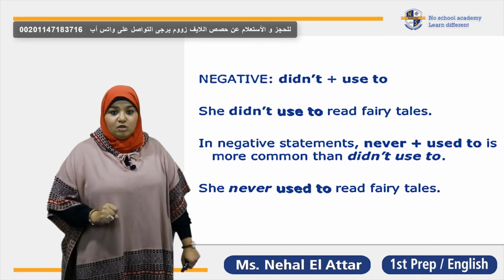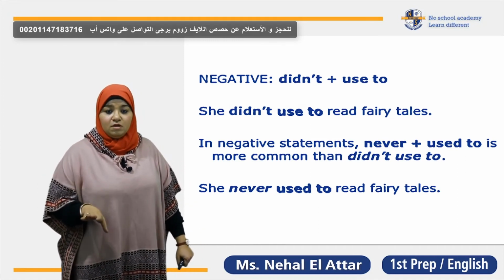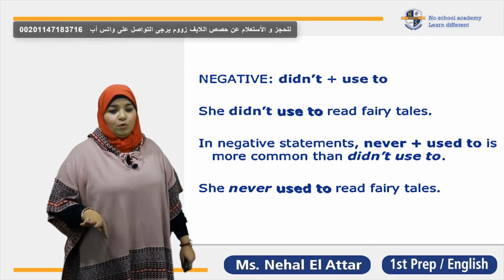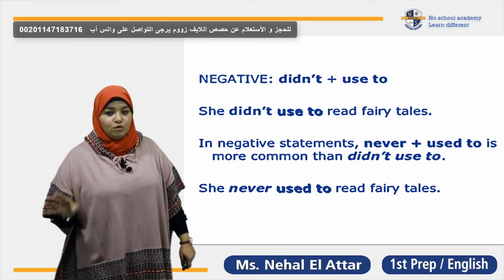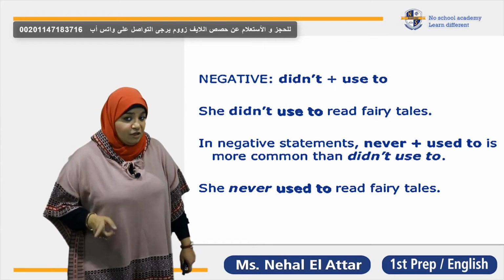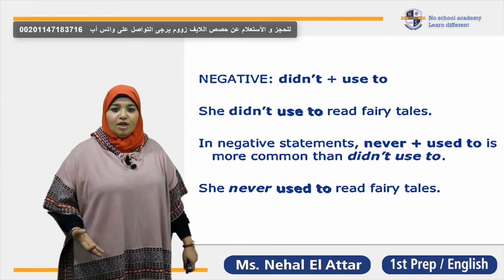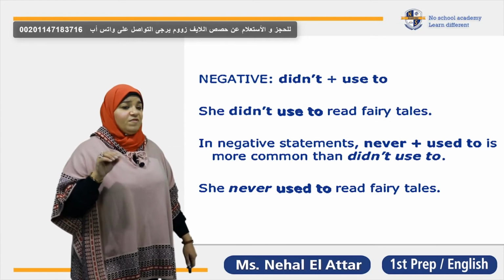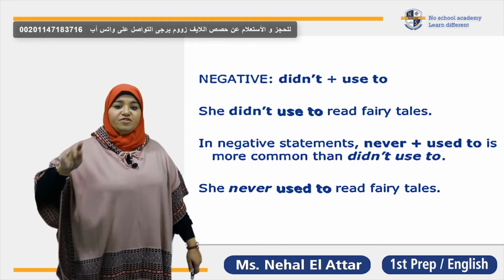But don't break the syllables. Try it by yourselves, on your own. You will not differentiate: used to, didn't use to. There's no difference. Have you heard any difference? I know it's something challenging, okay? But with didn't, grammatically, omit the D.